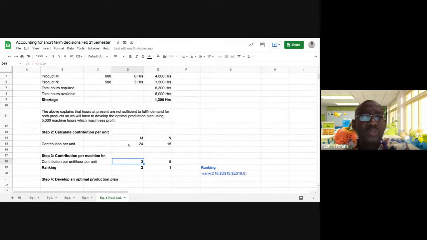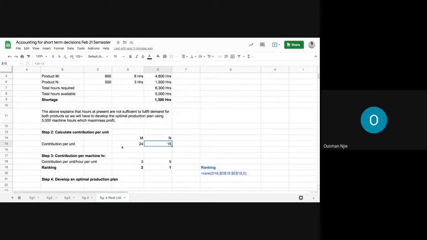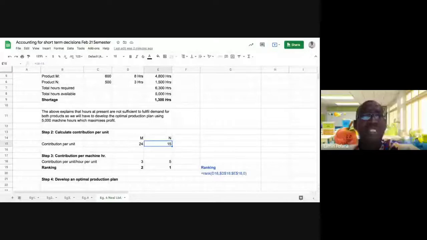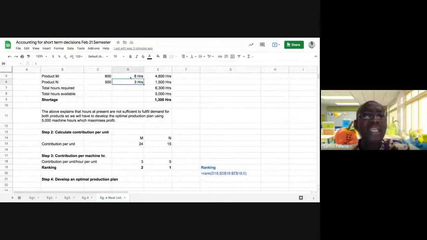When you look at the contribution per unit, naturally you know that product M is more profitable than product N when it comes to contribution only, because product M has got 24 pounds per unit, whilst N has got 15 pounds per unit. But then, our problem is scarce resource. So when you look at product M and N, it takes 8 hours to produce product M. So it takes long time to produce product M. But look at it.